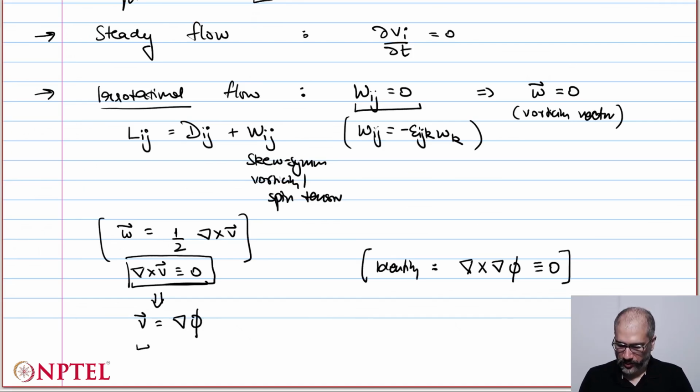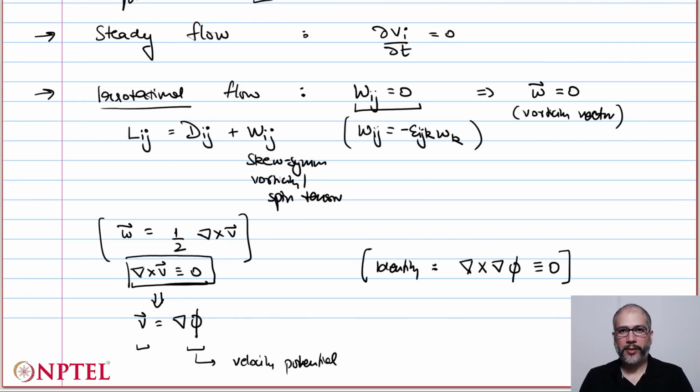So this V has three independent components, but this phi has just one independent component, it's a scalar. This means that the three components of V are all coming from a single scalar field, so they cannot be completely independent of each other. And this also simplifies the work mathematically because we only need one velocity potential that can be used to generate the complete velocity field in the problem.